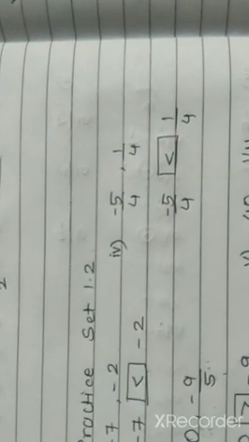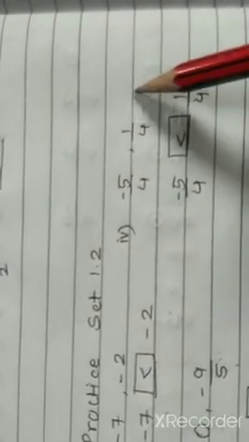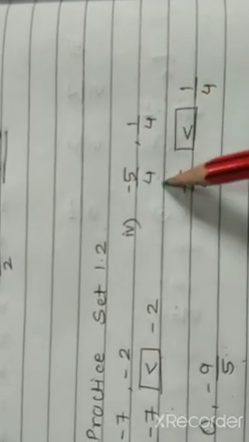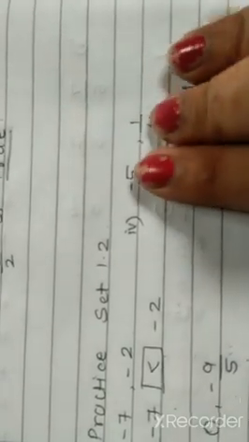Moving to the fourth sum. The fourth sum given to us is a rational number, that is, a fraction. So comparing -5 upon 4 and 1 upon 4. The base or the denominator is the same in both the cases, so we can ignore it as of now.